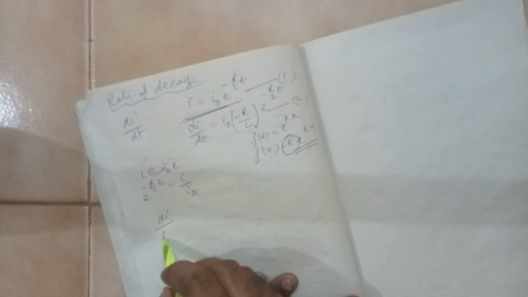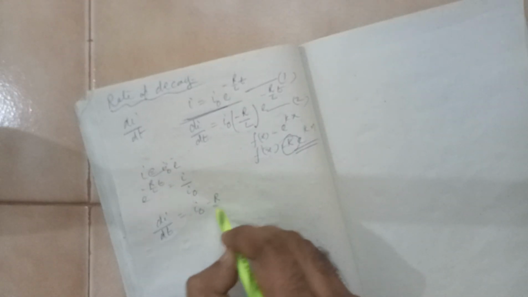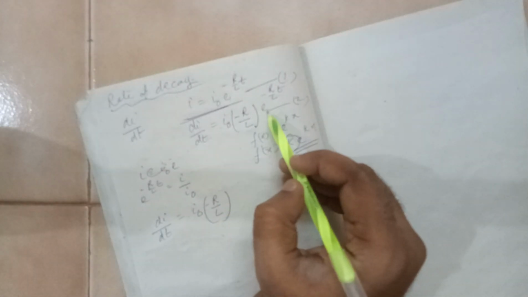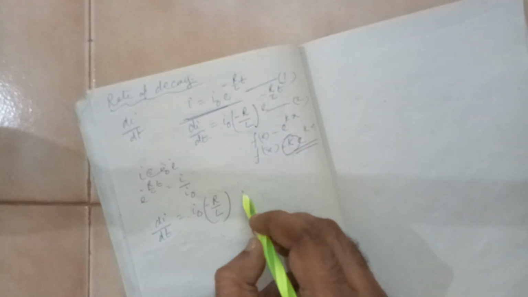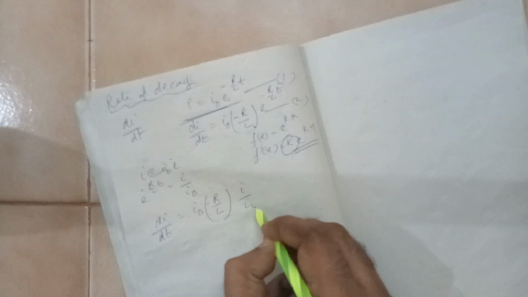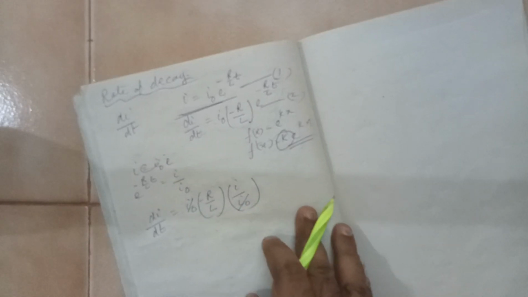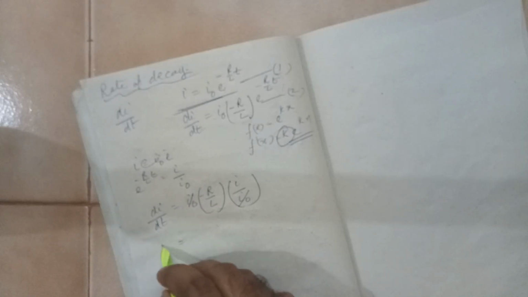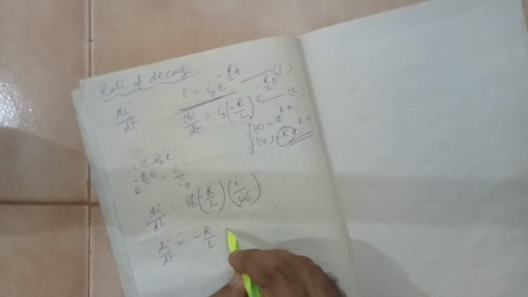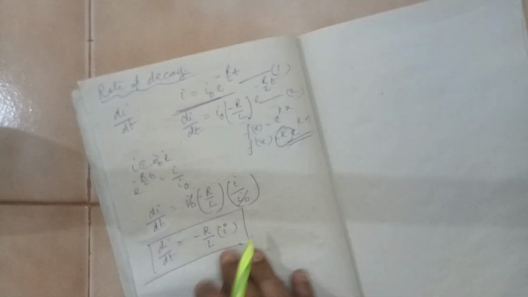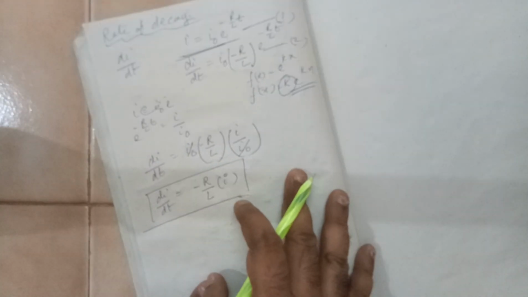In equation 2, di by dt is equal to I0 into minus R by L into this value, which I will write as I divided by I0. I0 is getting cancelled. So di by dt is equal to minus R by L into I. This is the expression.